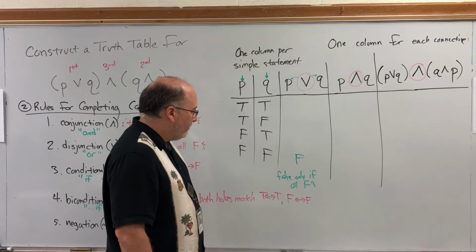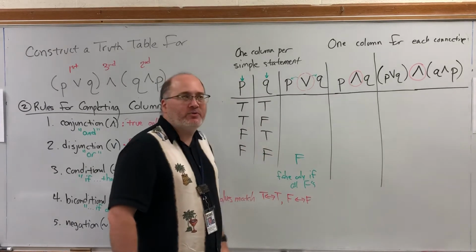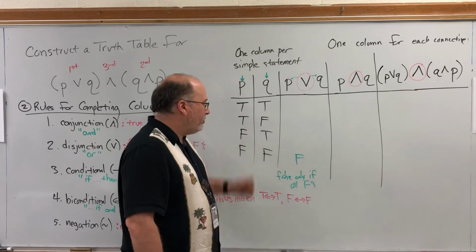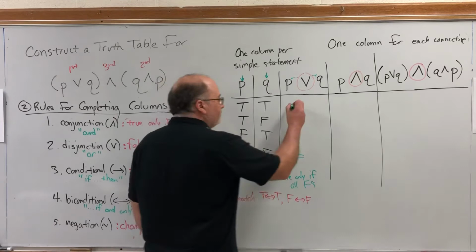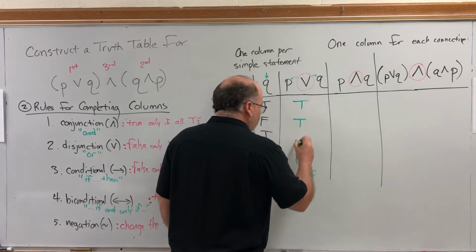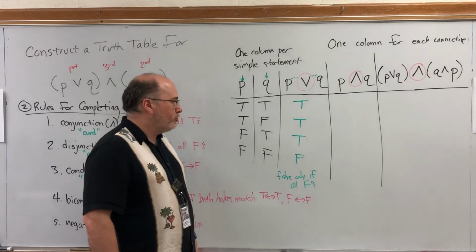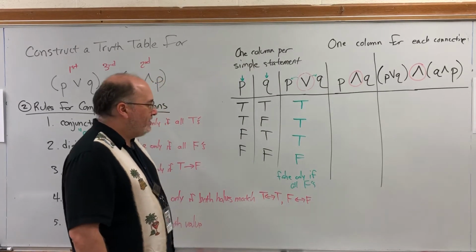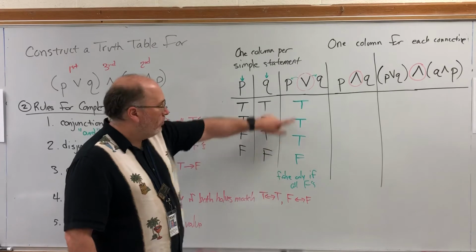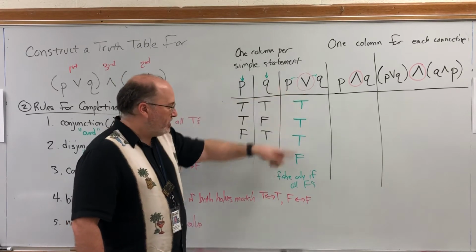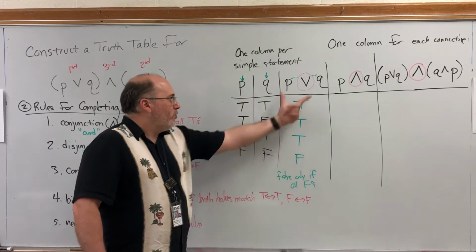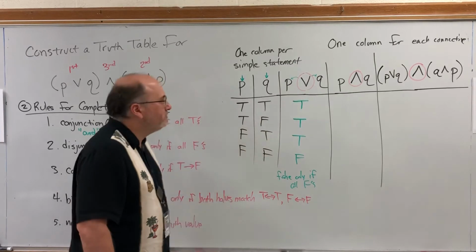Well, this rule told me where to write false. The remaining ones are all true. So the second column will be true, true, true, false. And again, that's because of the rule for disjunction, which says it's only false when all of it is false.